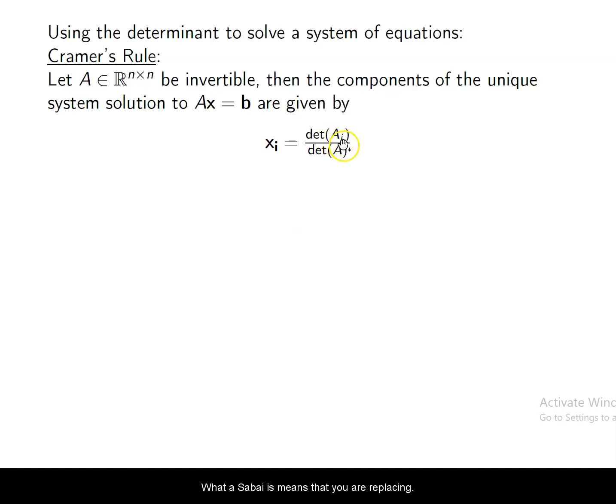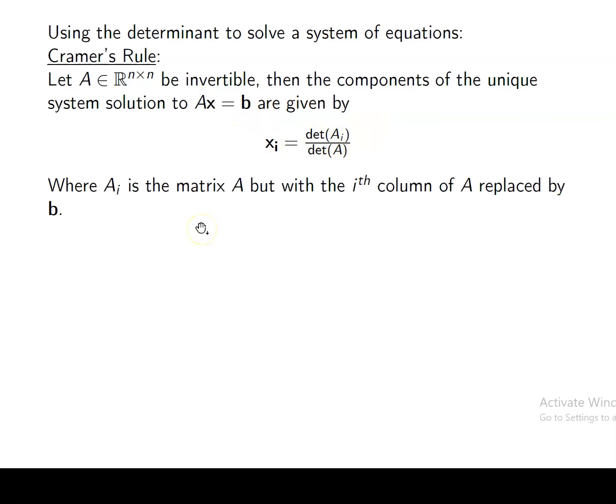Now, the only thing that's going to be different is this A sub i. What A sub i means is that you are replacing the ith column of A with this b vector, and then finding the determinant, okay? And that's how you find the x sub i term in your solution. So A sub i is the matrix A, but with the ith column of A replaced by b.